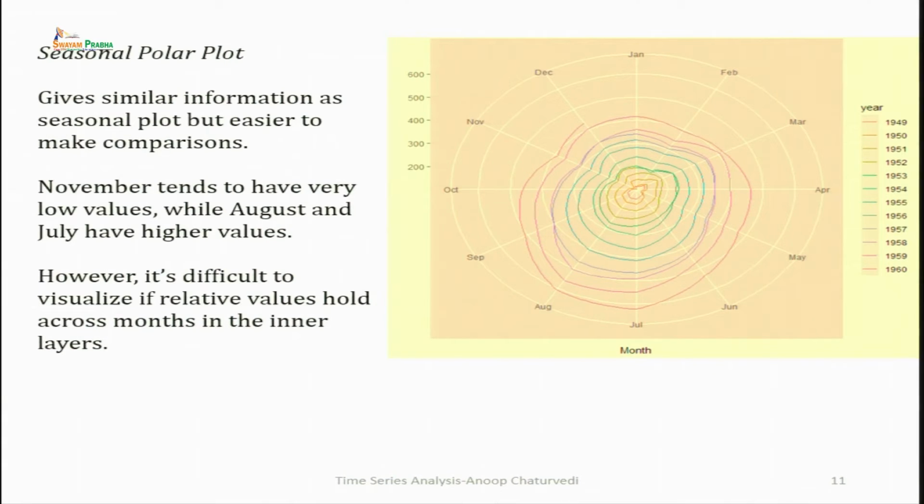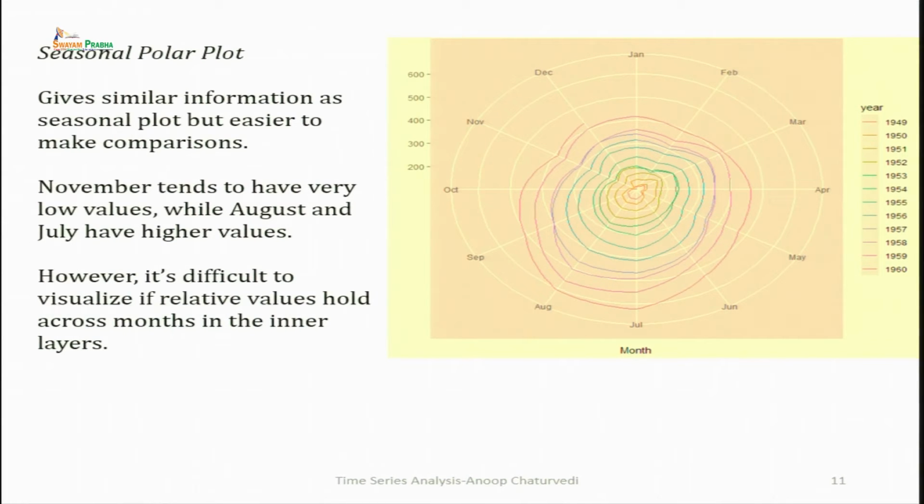We plotted the observations corresponding to different months, but now you have taken different months on this circle. So, January, February, March, April and so on, you go up to December. You start from here, then you move ahead, and ultimately you join all the points using a straight line or a smooth curve.